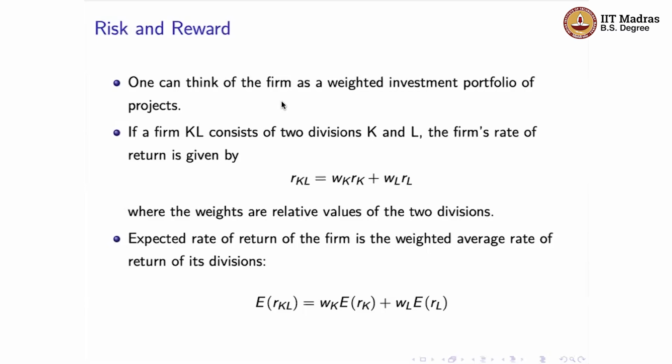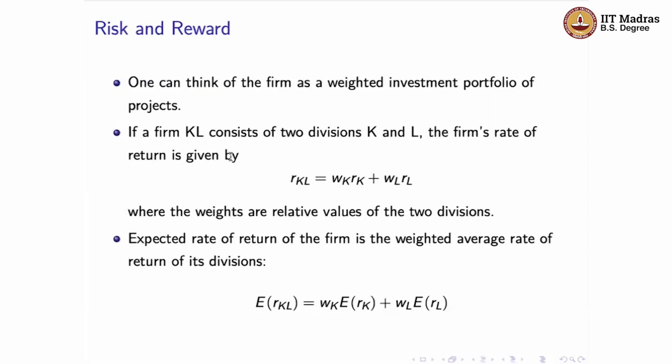So a firm consists of multiple portfolios or projects or divisions, and we can actually think about the relationship between the different divisions and the overall firm's performance, right? So suppose that you have got a firm KL, which consists of divisions K and L. Then the firm's rate of return is basically nothing but the weighted average of the rate of return of these two divisions, right? Where the weights will be the relative values of the two divisions.